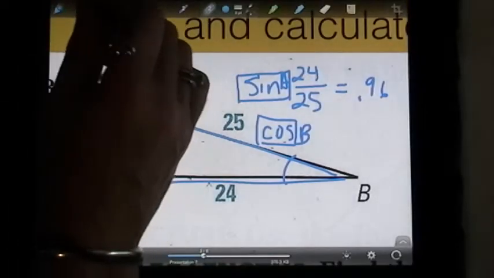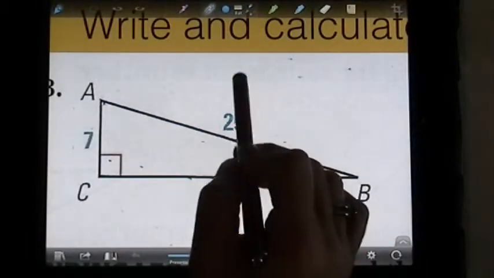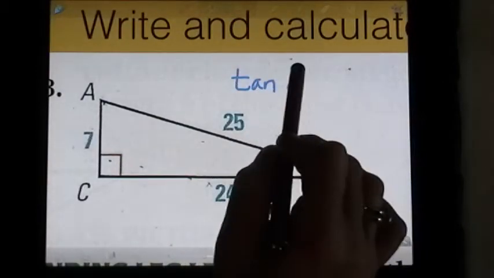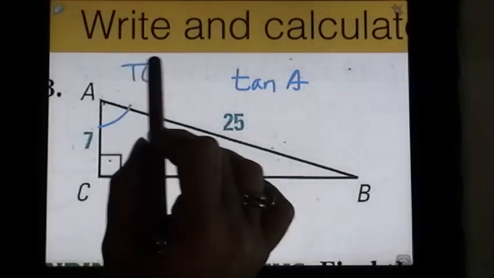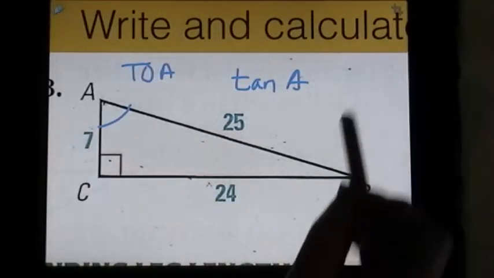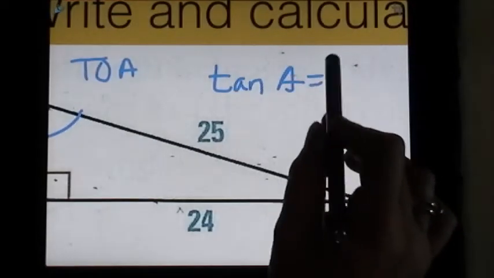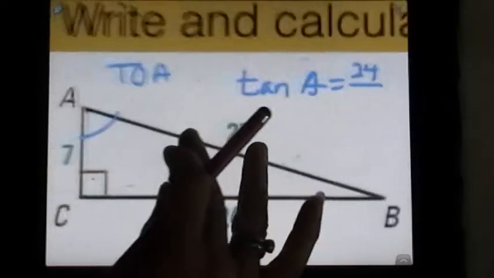So the tangent of A is, TOA, opposite over adjacent side, so it's 24 over, what is that side, 7.